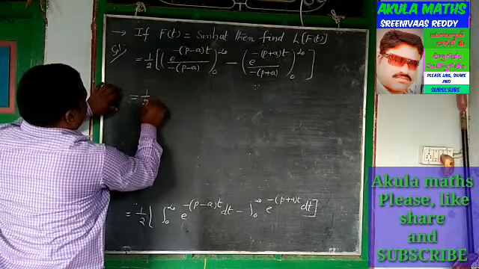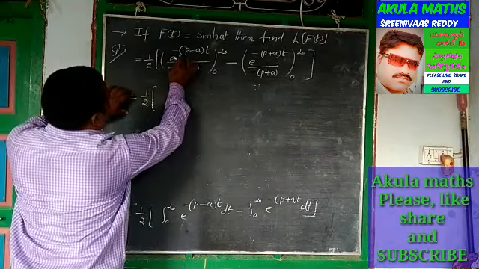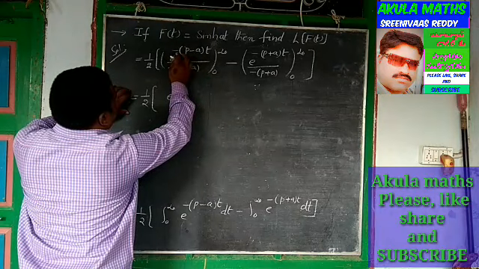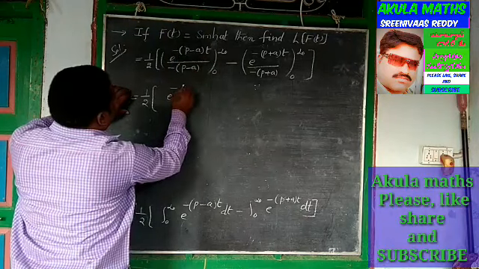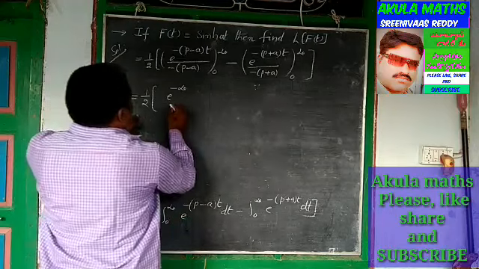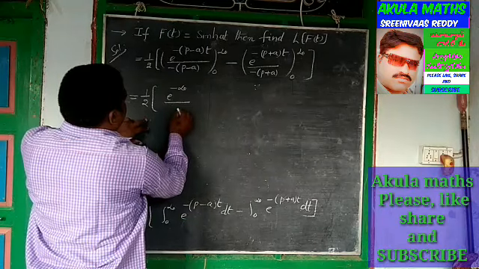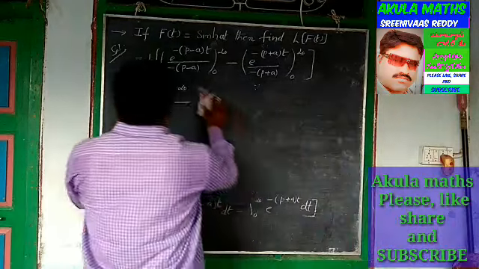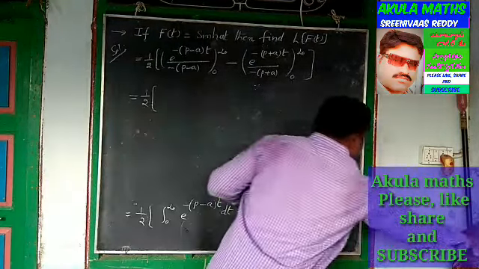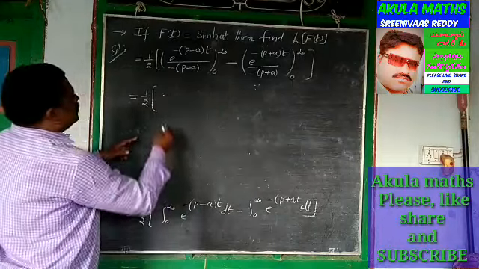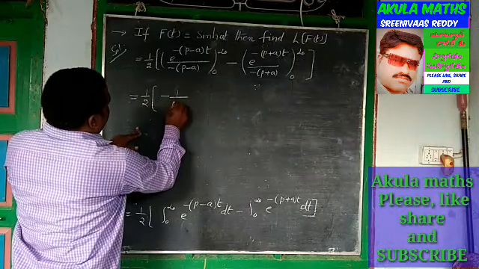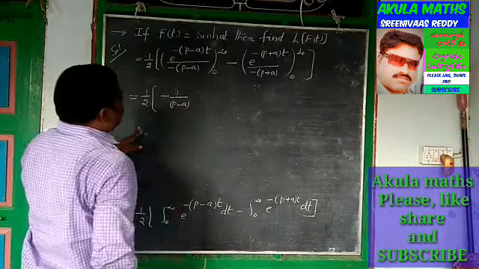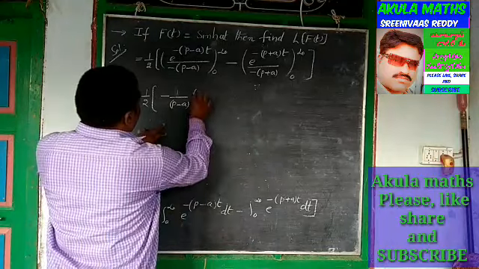So 1 by 2 into e power minus of p minus a into infinity means minus infinity, minus of 1 by p minus a is common.